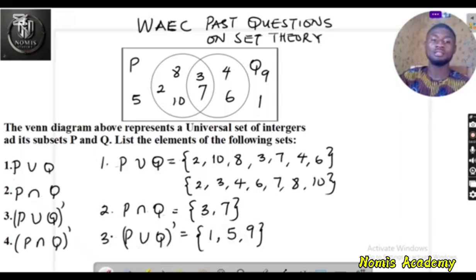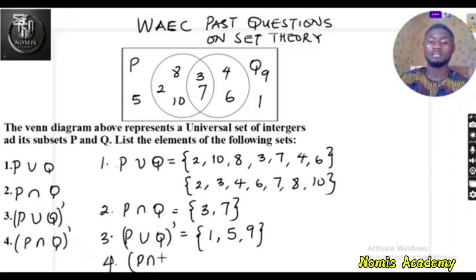And lastly, number 4, we have P intersect Q complement. How do we get that done? The intersection is 3 and 7. The complement means excluding just this part.